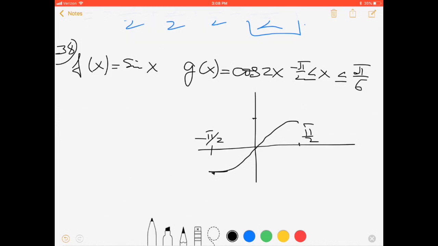And we have cosine 2x, it will be here. Okay, this graph is cosine 2x, and here is sine x.